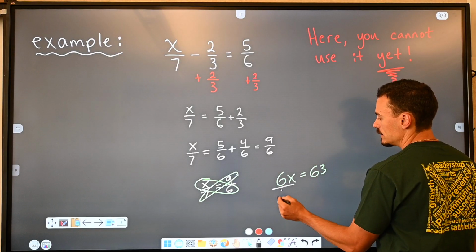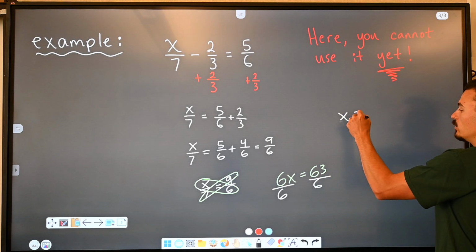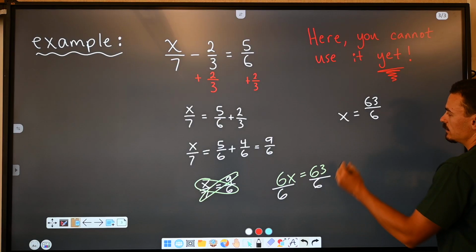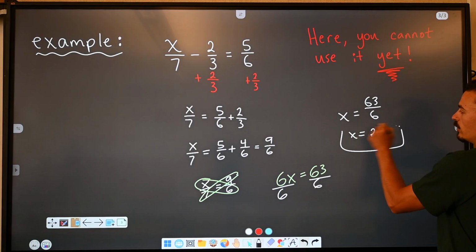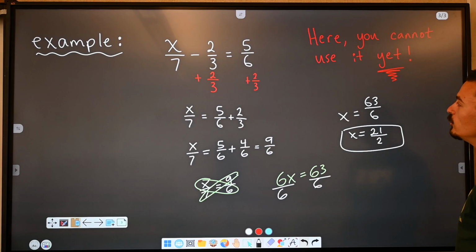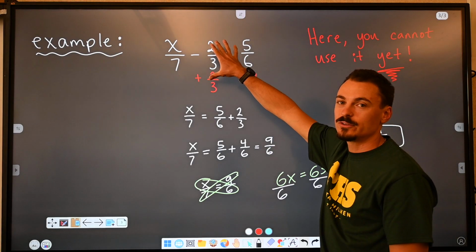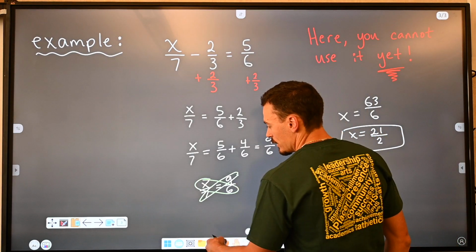Then we divide by 6. We get x equals 63 over 6, which is 21 over 2. Amazing. So this is an example where you cannot use cross multiply. You have to get rid of that negative 2/3 first, and then you can use cross multiply, just like we did on the other examples.